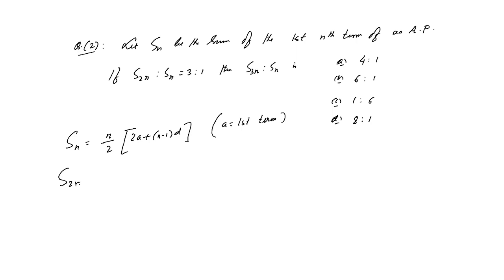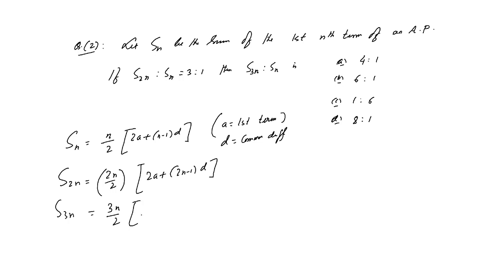Similarly, S2n will be 2n by 2 times (2a plus (2n minus 1) into d). And S3n will be 3n by 2 times (2a plus (3n minus 1) into d).